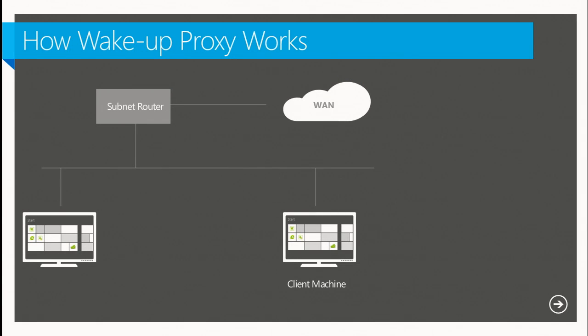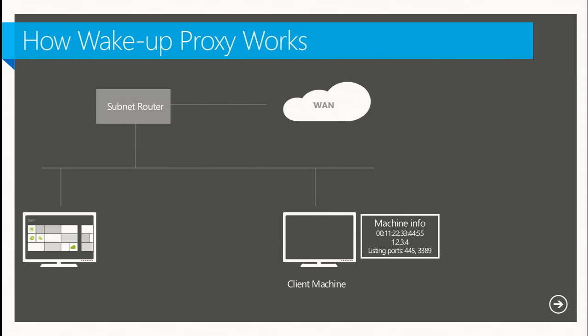In this case, we have two clients, and at some point, one of them decides to sleep. Other clients in the network constantly ping one another. So another client realizes that this client is asleep, and it's going to start acting as its manager. It sends a message to the subnet router and has it route any message that is arriving to itself.